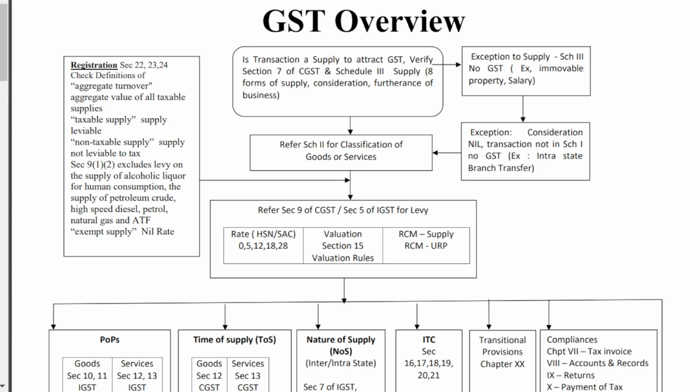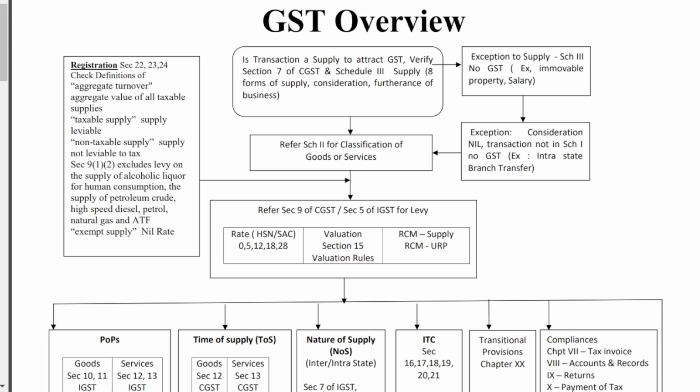For example, 18% means divide it by 2: 9% is CGST, 9% is SGST, and if it's IGST, it will be 18%. IGST means integrated goods and service tax. For example, if you are selling the goods from Karnataka to Andhra Pradesh, then IGST is applicable. And if you are selling the goods within Karnataka, then CGST and SGST are applicable.